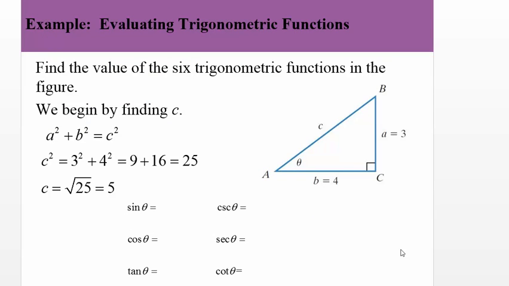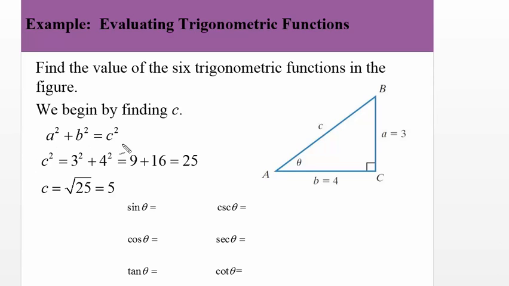Now what we're going to do next is evaluate some trigonometric functions. Refer to this triangle to the right, and it says find the value of the 6 trigonometric functions in the figure. They give you sides A and B, so we have to find side C, and notice they do that by using the Pythagorean theorem for right triangles.